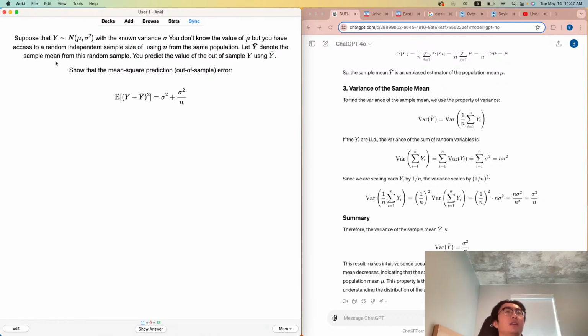Okay, suppose that y is distributed normally, with mean mu, variance sigma squared. You don't know the value of mu, but you have access to a random independent sample of size n.